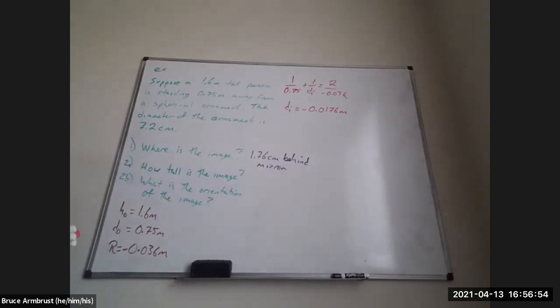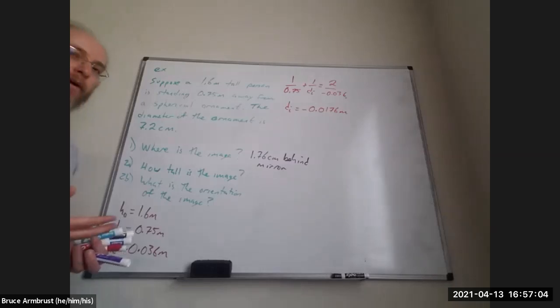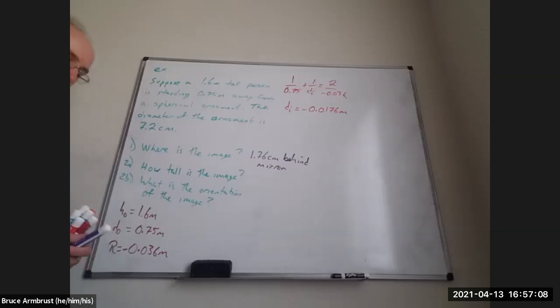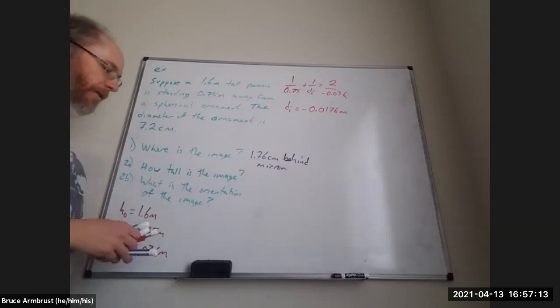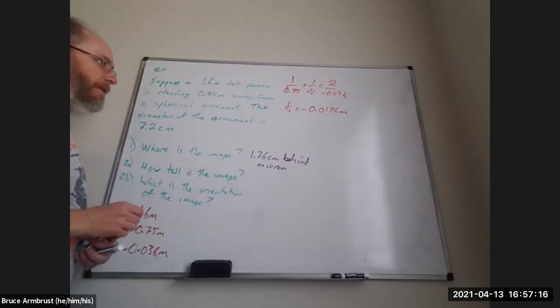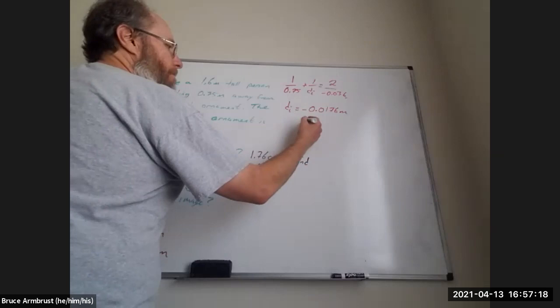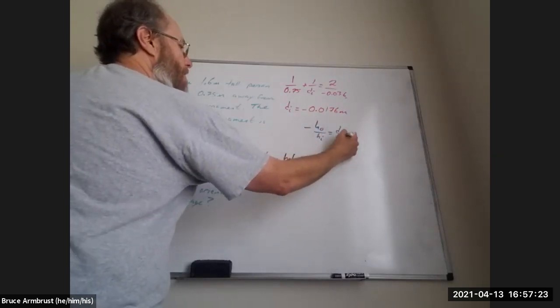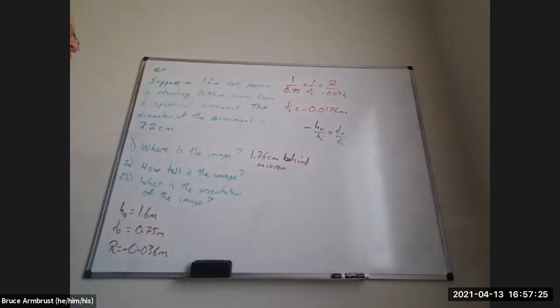All right, so now question 2, part A. How tall is the image? All right, well, that means we want to find HI. So let's go to the formula. This was like the first one that I boxed a while ago. And that was that we had minus HO over HI is equal to DO over DI.